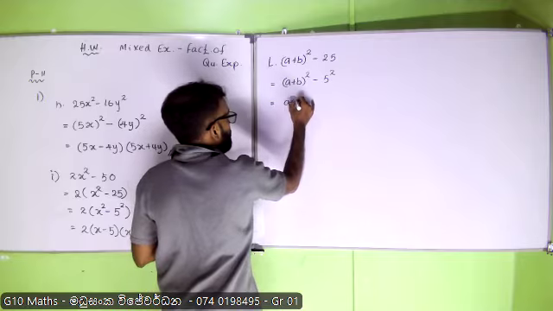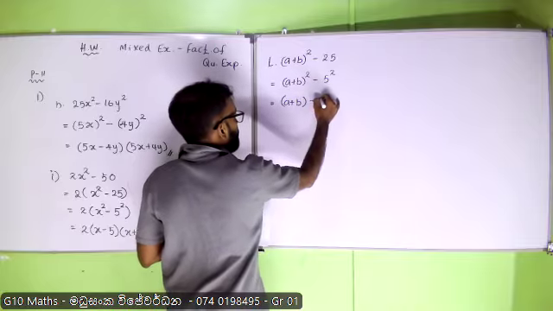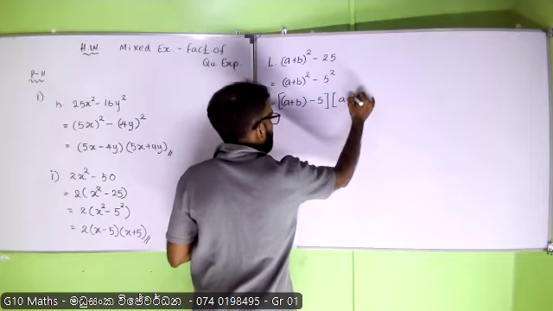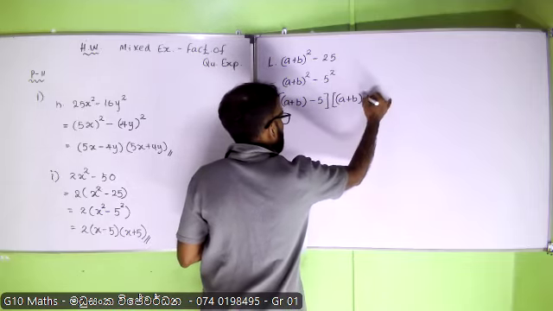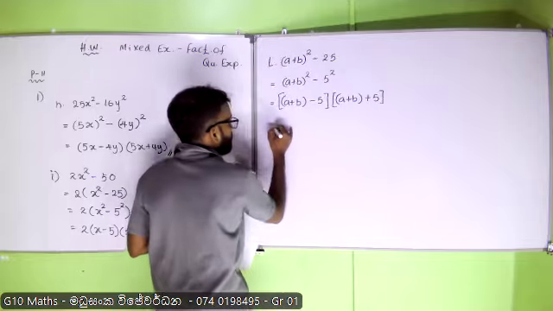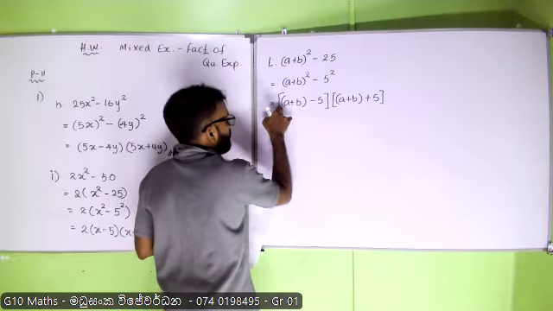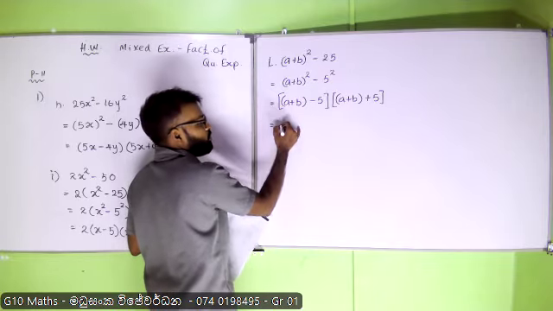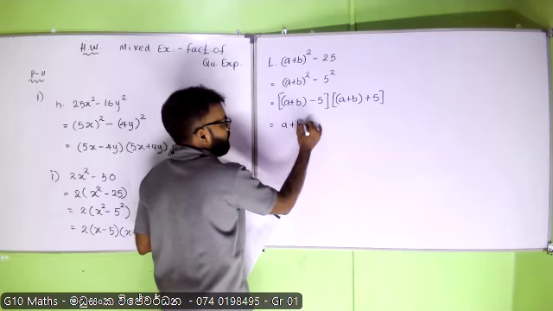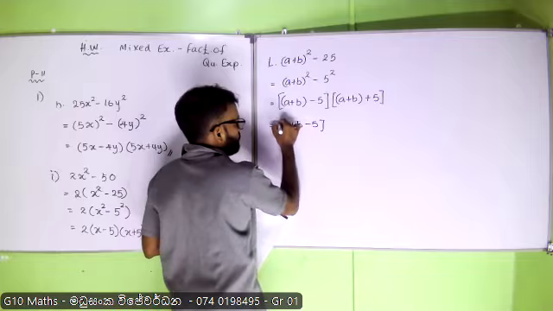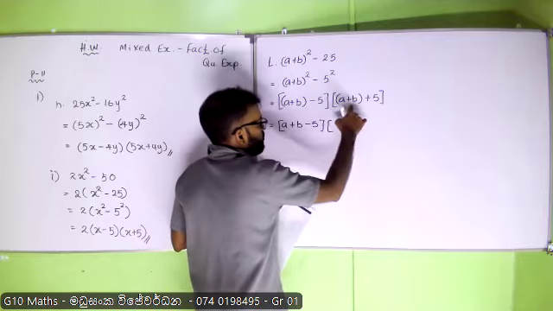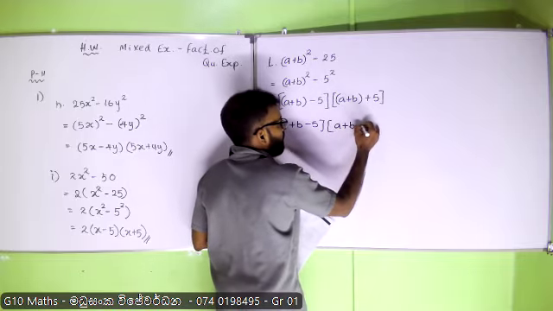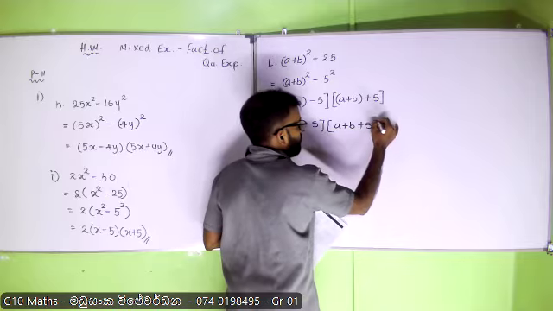That means (a plus b minus 5)(a plus b plus 5). Done. In front of the bracket you have a positive sign, positive into positive, positive, positive into positive, positive. Nothing happens. a plus b minus 5. Here also in front of the bracket you have a positive sign, so nothing changes. So you can write the same answer, a plus b plus 5.